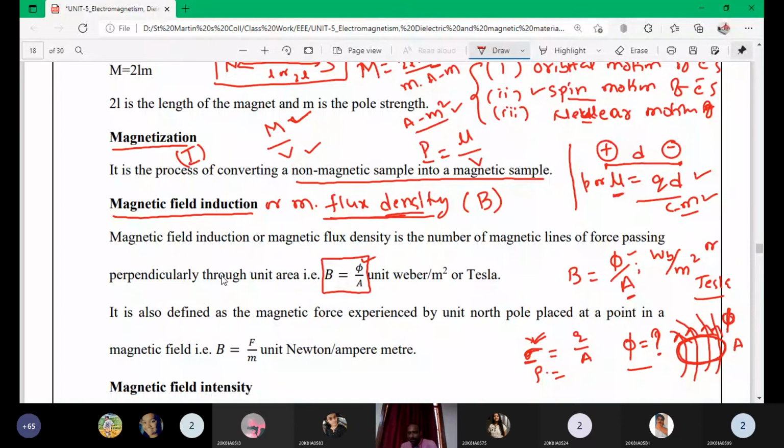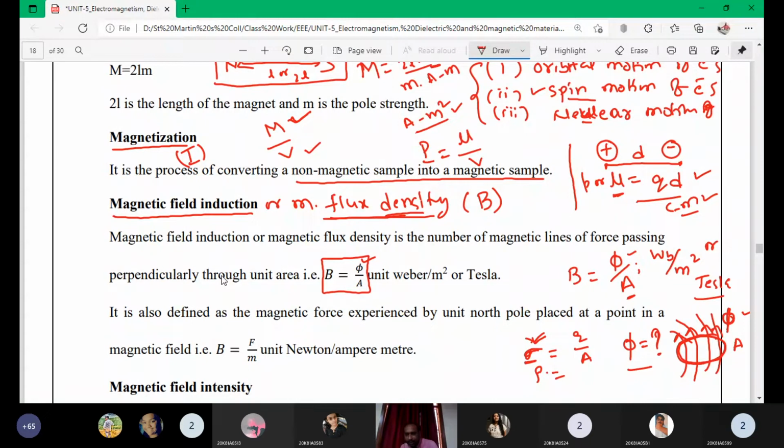Magnetic flux means how many magnetic lines of force are passing through the area, perpendicular to a particular area, is giving the magnetic flux. Very simple.